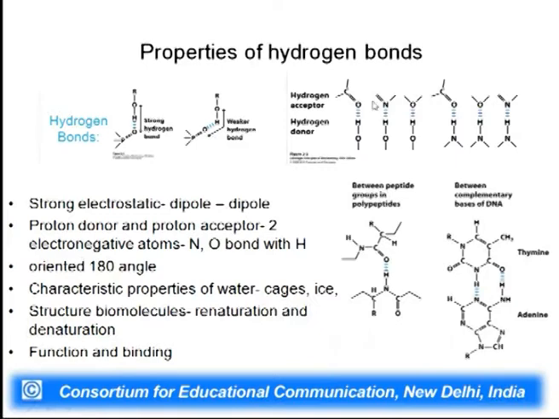Hydrogen bonds can be formed with many types of groups, mostly where you have oxygen, nitrogen groups, and water can form hydrogen bonds. So, these are some of the examples. You will find hydrogen bonding present in peptide backbones and also in the structure of DNA. The DNA ladder also has hydrogen bonds.